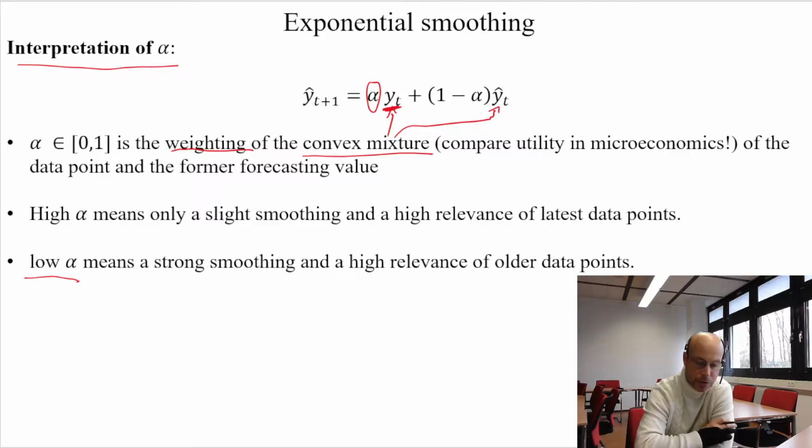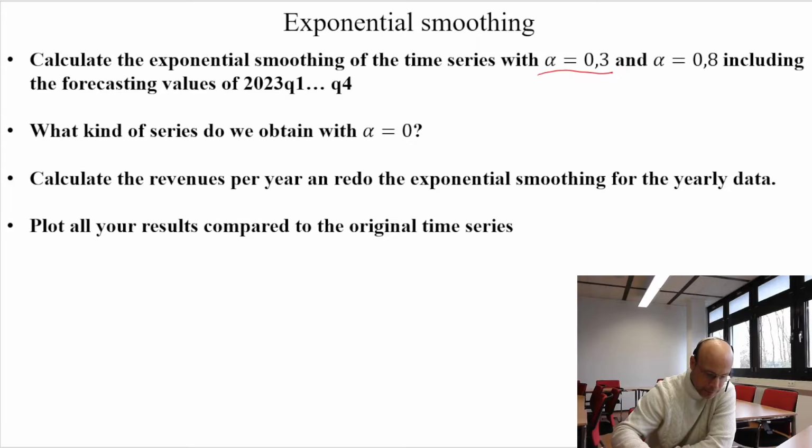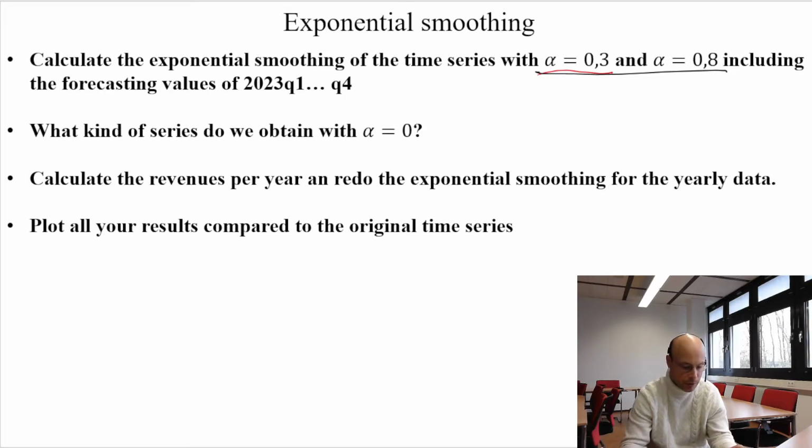And then going to our data set, we also started to create our exponential smoothing with alpha equals 0.3 and alpha equals 0.8.